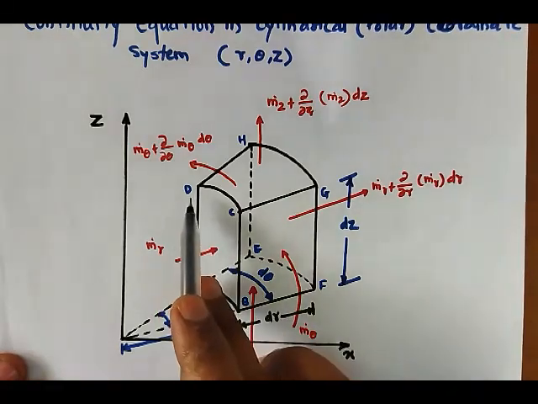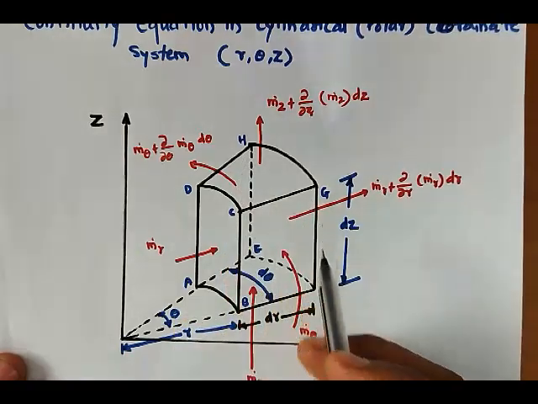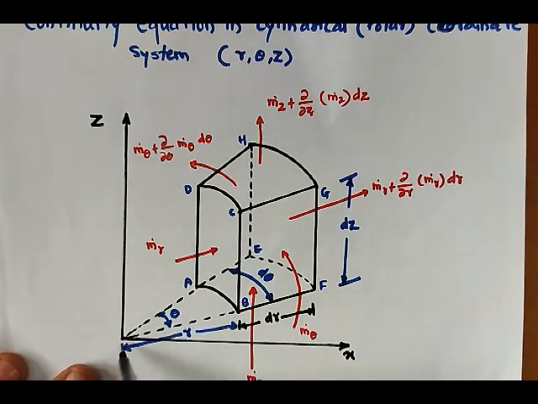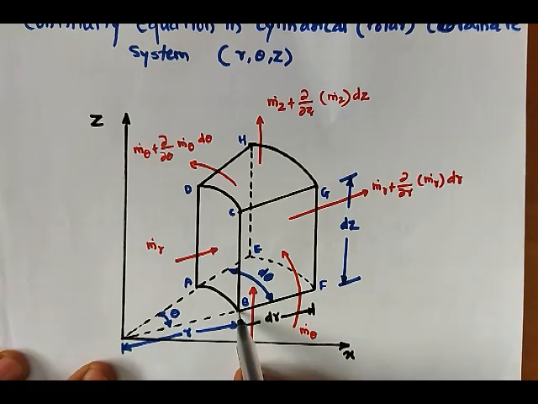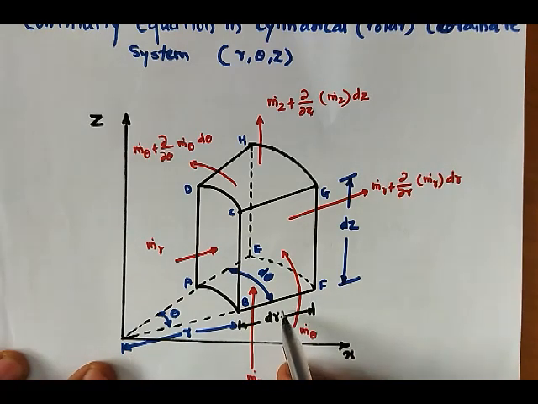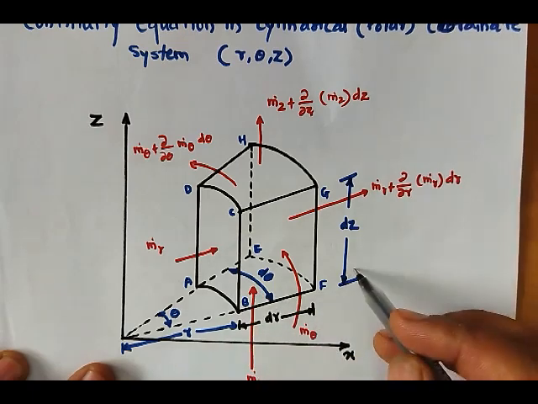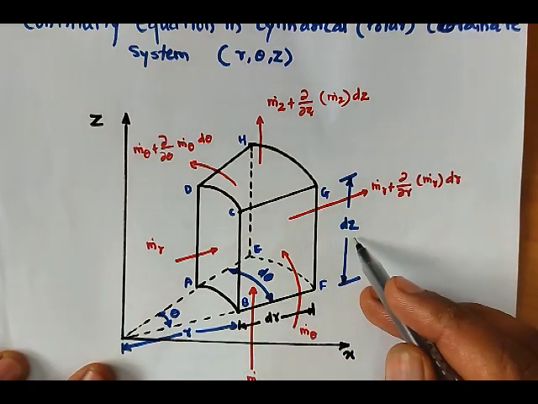which has A, B, C, D and E, F, G, H as the corner points. If you see here, it has internal radius r, and the radial distance we have denoted is dr, angular distance is d theta and longitudinal distance is dz.